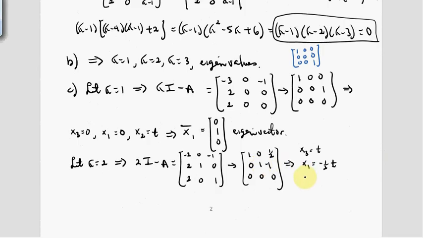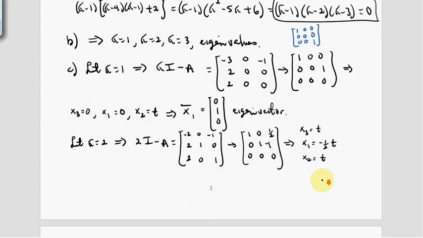X sub 2 is equal to t. So it's corresponding, I'm putting a hat on it to denote the eigenvector. X sub 2 hat is equal to: x sub 1 is negative 1/2, x sub 2 is 1, x sub 3 is 1. And that's times t, but you just need the values here.